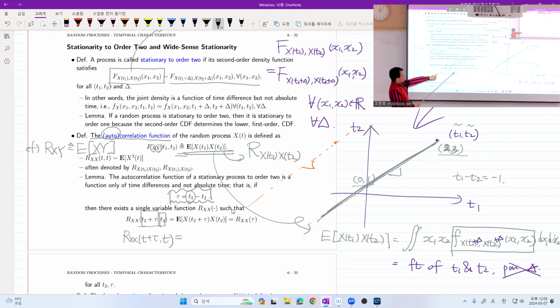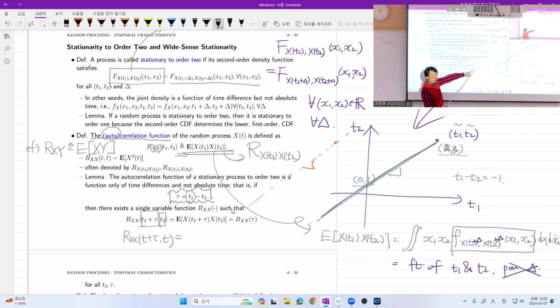Now, what if you have a stationary random process to order 2? This correlation function is what? A function only of tau. Got it? As you've seen already. Now, here goes the most important confusion. See that? Here, what is this R sub xx as a function? It's a function having R squared as the domain.